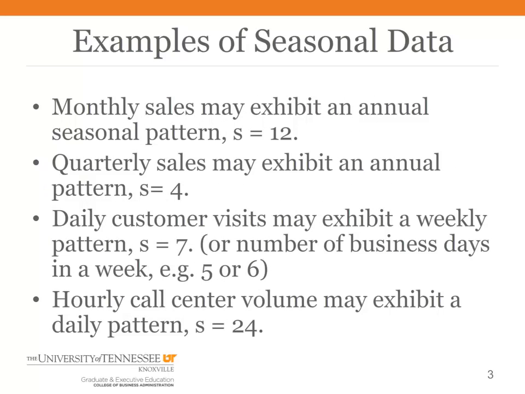Seasonal models have a descriptor called S that tells the number of periods it takes for the pattern to complete itself. For example, if you're looking at monthly data, S would be 12, quarterly data, S would be 4. If you're looking at hourly data within a day, S could be 24, or it could be 16, for example, if there's 16 working hours in the day in which you would be collecting data.